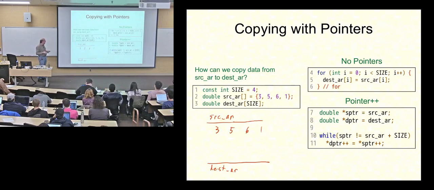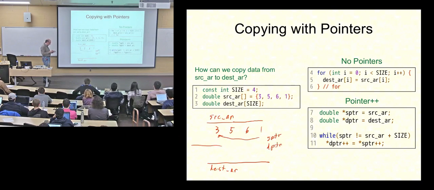So then the pointer version says, give me a start pointer that points to the start of that one. So I've got SPTR. So SPTR points there. Destination pointer points to there, where there's nothing there yet. So while my source pointer is not equal to source array plus the size, dereference the destination, set it equal to dereference of the source.